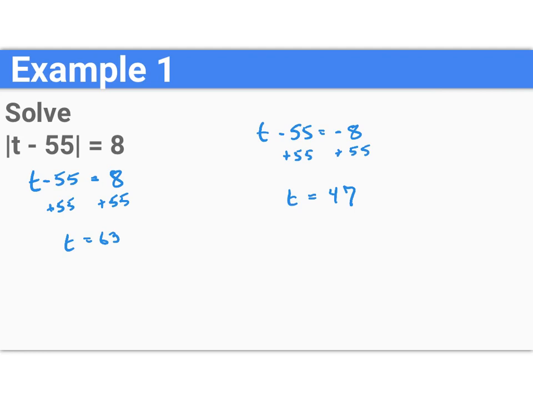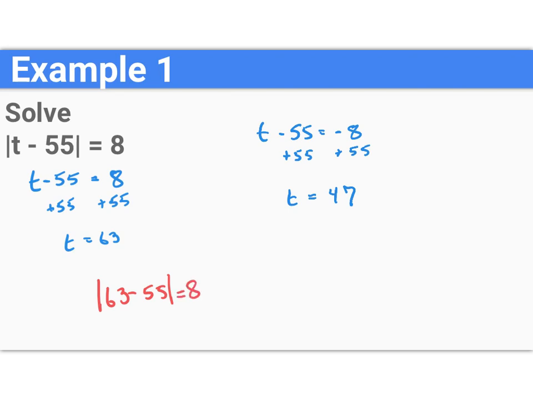Okay, so let's do the check. And this is going to be one time I'm doing a check. So if we take 63 and subtract 55, we see that equals 8.